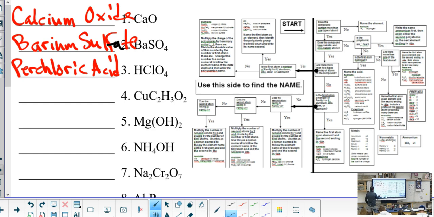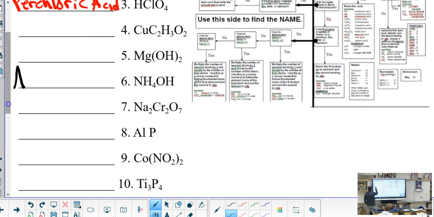So here we go. You write ammonium hydroxide. Where did I find hydroxide? On the front page, on the polyatomic ions. It's the most common one we use, is OH. So some of you probably already have that memorized.